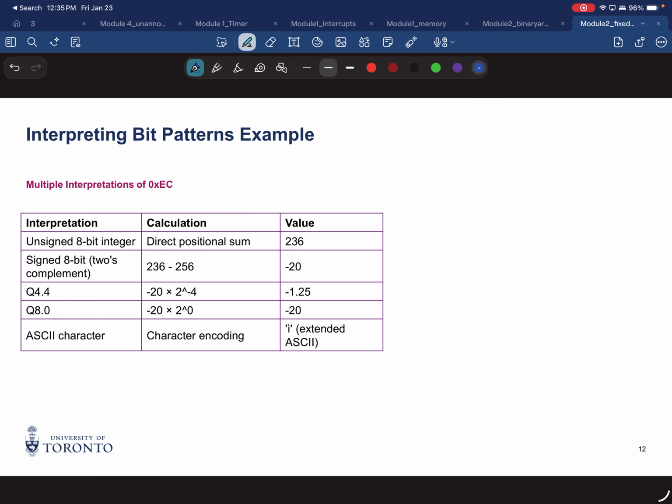Can you say it, if it's 8-bit? It's 128, right? Plus probably 64. Then what else? 32. It's minus 20. So 20 is 16 plus 4, right?